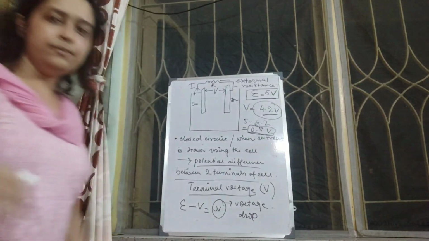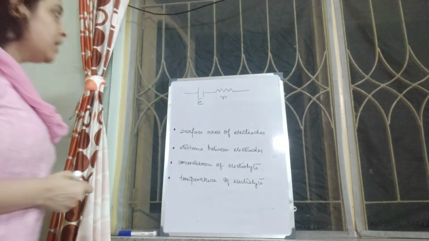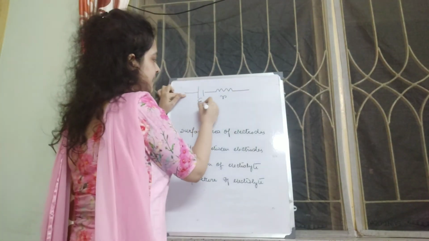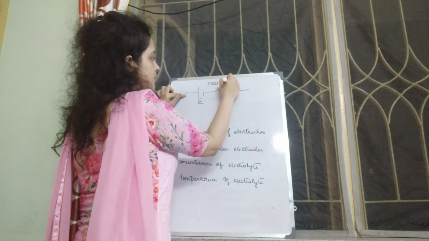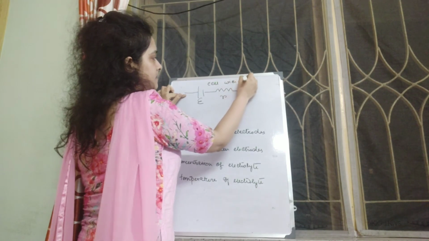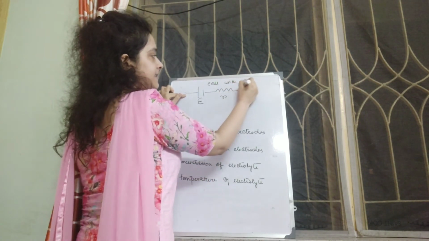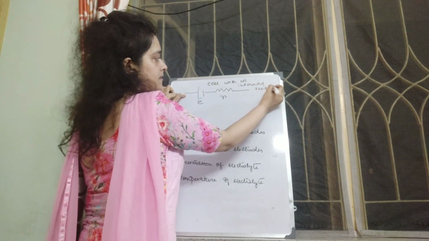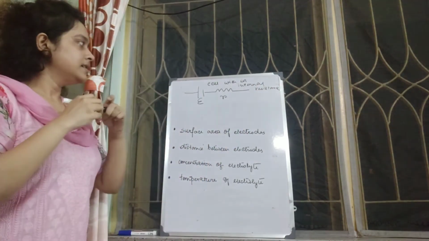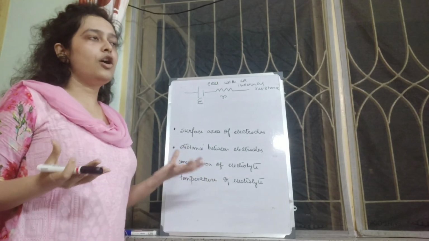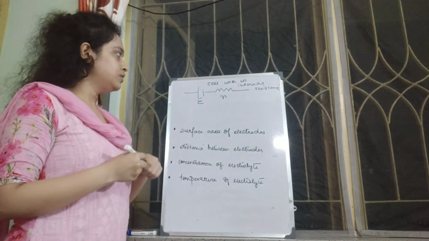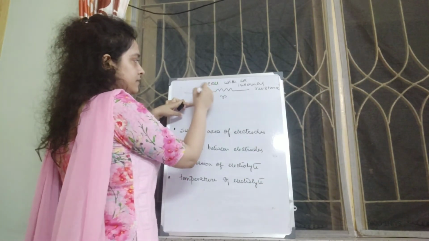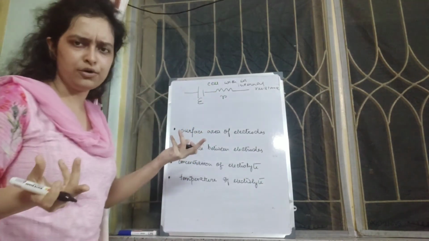Okay? Now, how do you represent a cell with its internal resistance? Say I have a cell of EMF 2 volt. This is a cell, you know how you represent a cell.